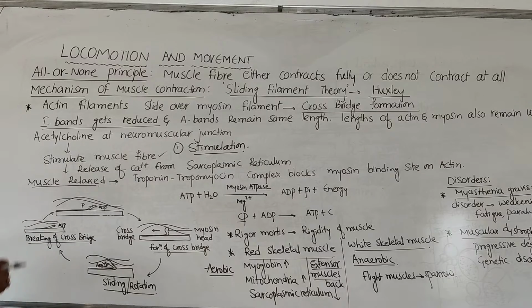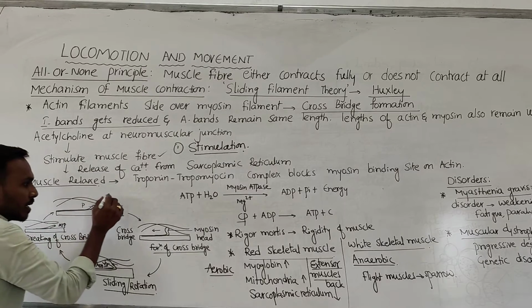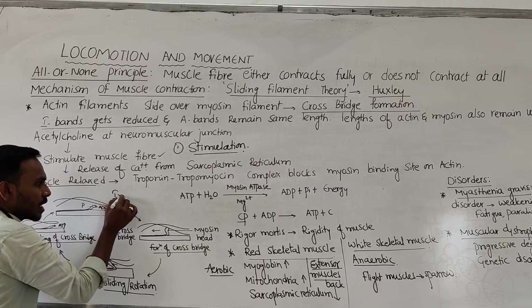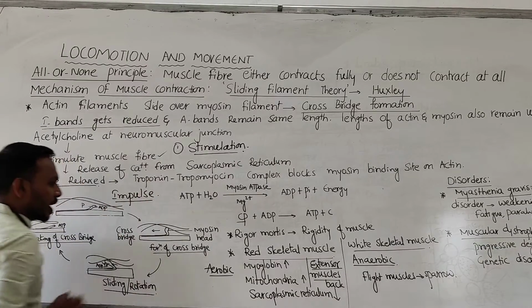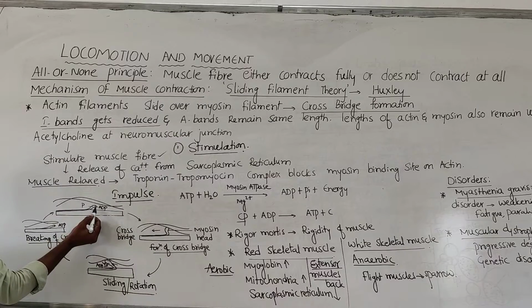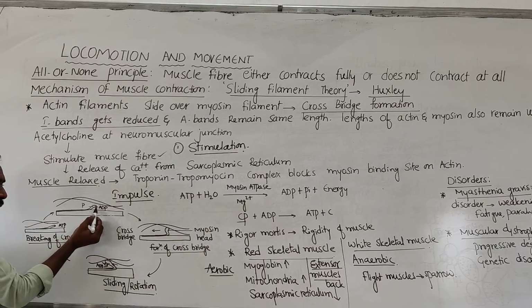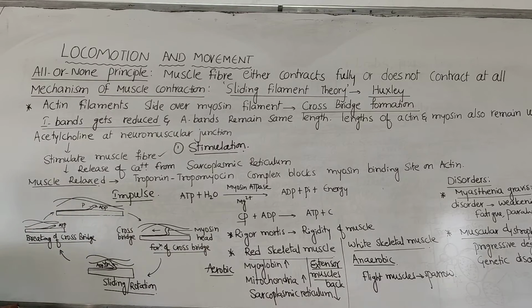Here, there are four important steps we need to understand. First, the impulse generation. Then the heads of the myosin, which have an ATPase binding site, release the ATP molecule.